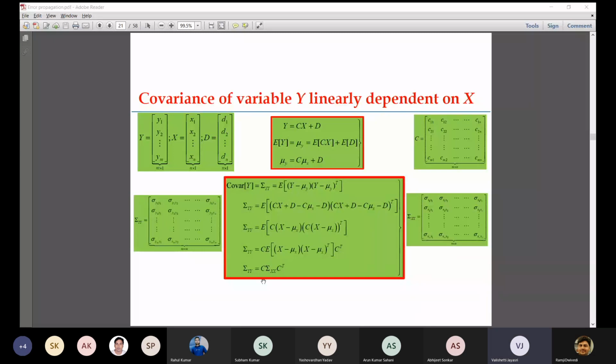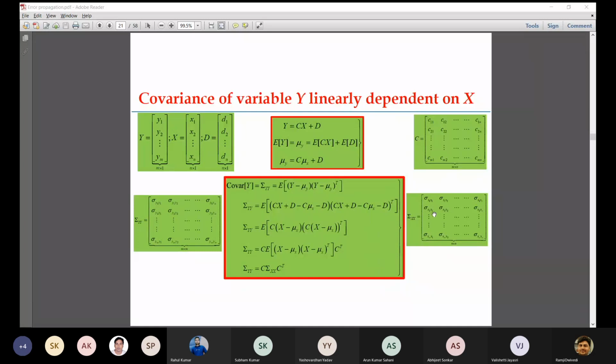Yes, sir. You can see how sigma xx is written from this slide. Variance of x1, and covariance of x1, x2. Since only two variables are involved, you will write sigma x1 square, sigma x2 square, and on the off-diagonal elements you will write sigma x1 x2 and sigma x2 x1.